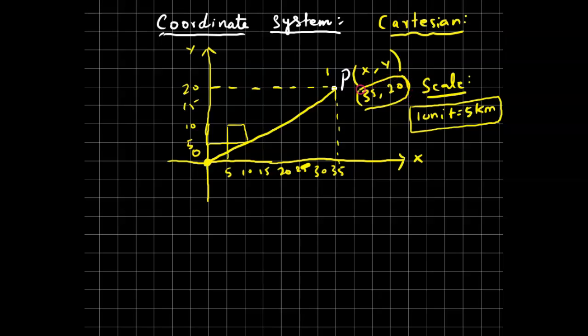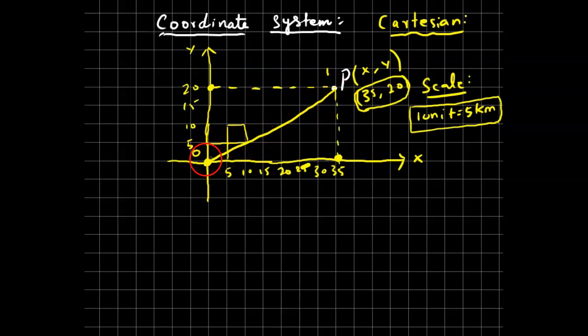How are they going to reach the point? If they go 35 kilometers, they will reach this point on the x-axis. If they follow the y coordinate, they will reach here.